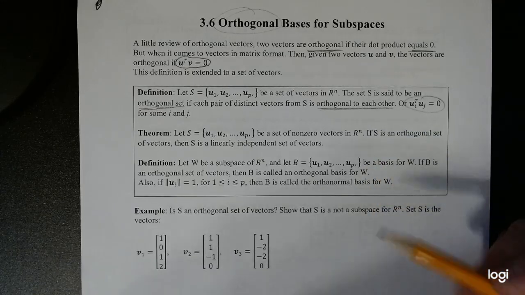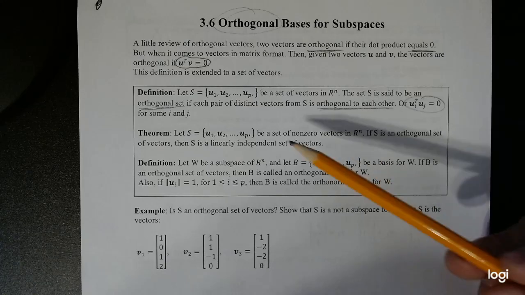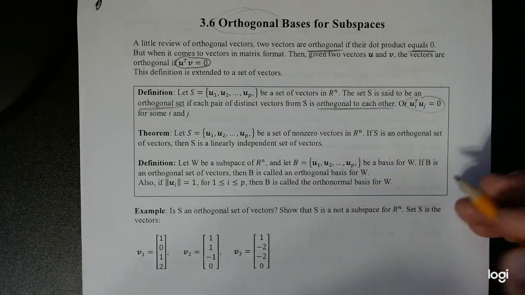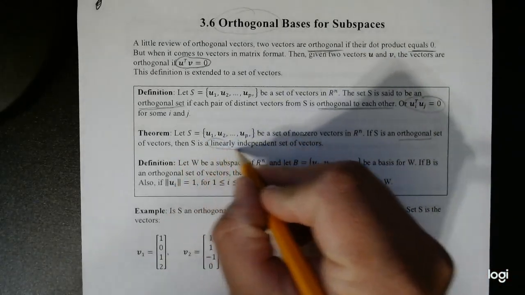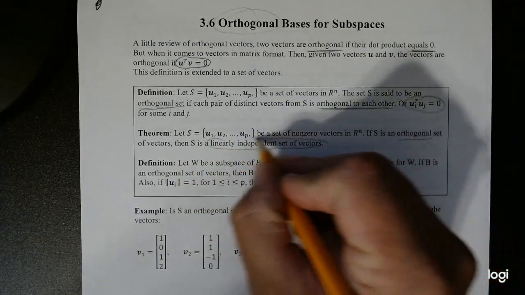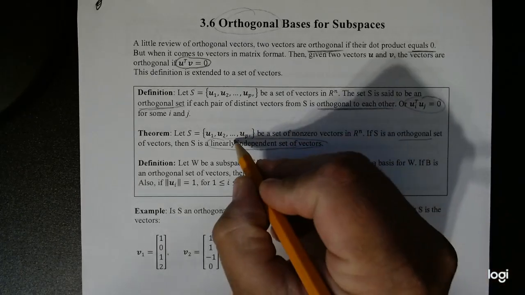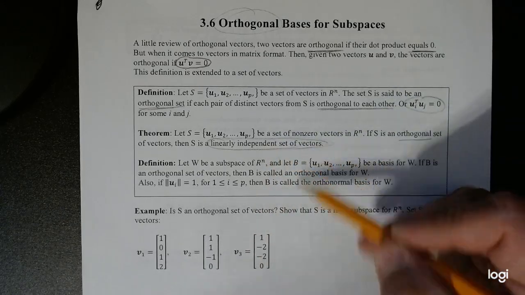Okay. So because of that, we have this main theorem. Again, let S be a set of non-zero vectors in Rn, and if S is an orthogonal set of vectors, therefore S is a linearly independent set of vectors. Which means if it's a linearly independent set, we automatically know it's going to be a basis, and that's our next definition.